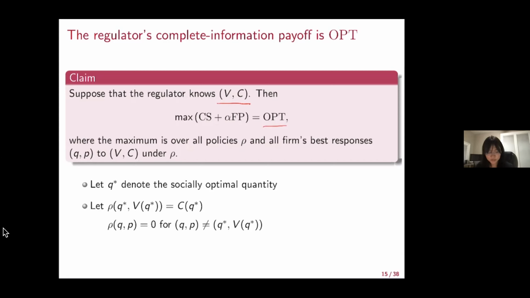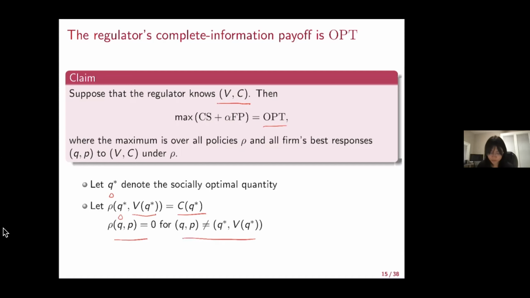Basically, what a regulator would do is to first calculate the efficient quantity, Q star, and he tells the firm that if you produce Q star and you price at the marginal value at Q star, I would make sure that your revenue is equal to your cost. If you do anything else, I would give you zero revenue.